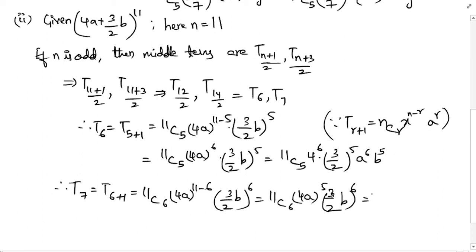So this is equal to 11C6 4^5 into (3/2)^6 into a^5 b^6. So this is T7 and this is T6. We got the middle terms.